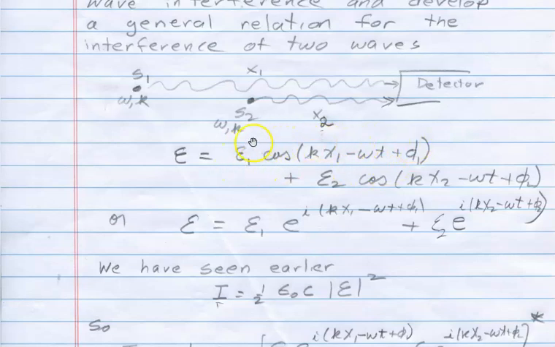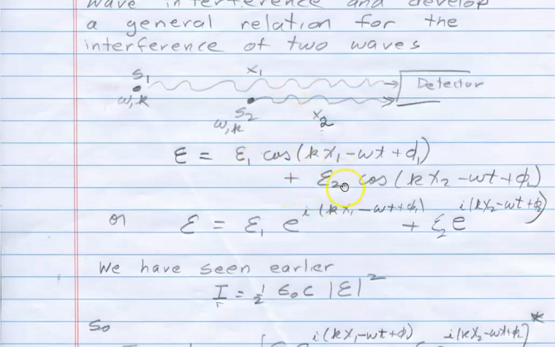All of this is a real quantity here. Since my detector is at x1, the wave travels from this source a distance x1. I'm also assuming that x1 is large enough that by the time it reaches the detector, I can use the plane wave approximation.